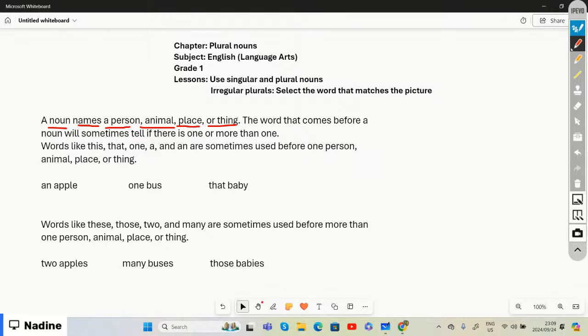And like our chapter says, plural nouns. So we have singular nouns and we have plural nouns.